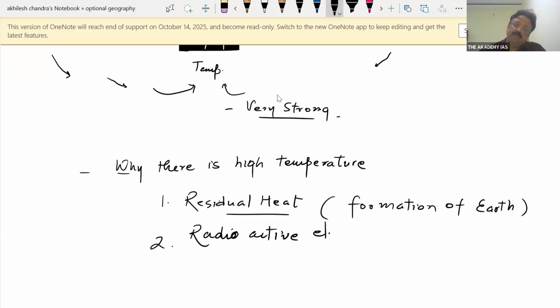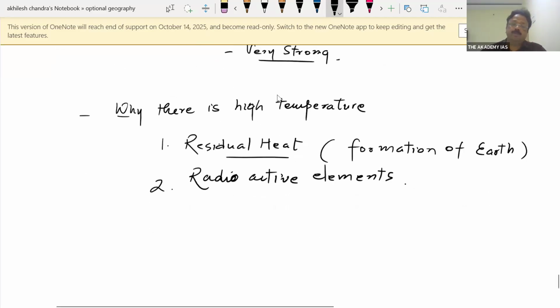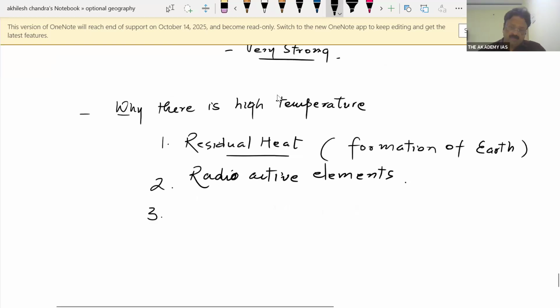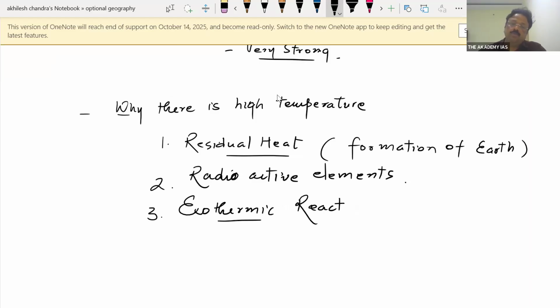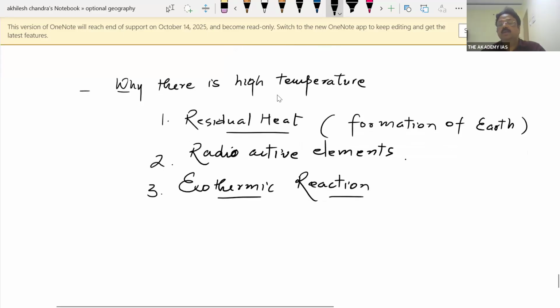Abundance of radioactive elements, and from there the continuous heating takes place. Third, exothermic reaction. You know rocks are made up of minerals, and minerals can perform exothermic reactions. Heat is released.